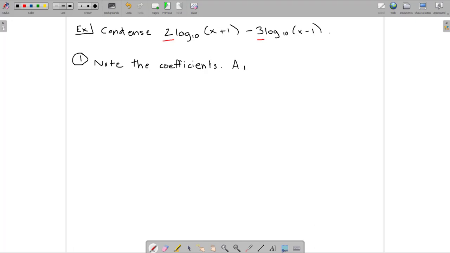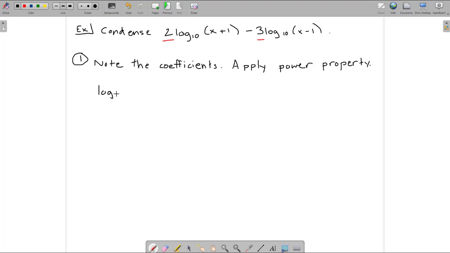So we apply the power property. We're going in the reverse order of expanding. We want to first do the powers, so let's put those back up where they came from.